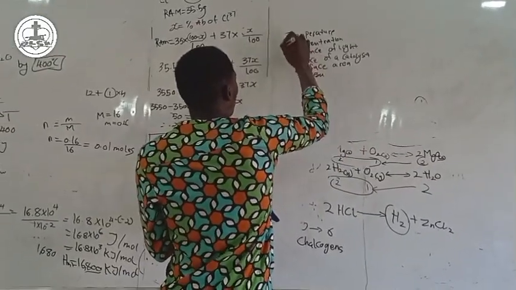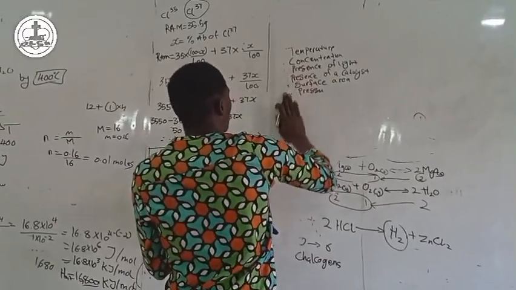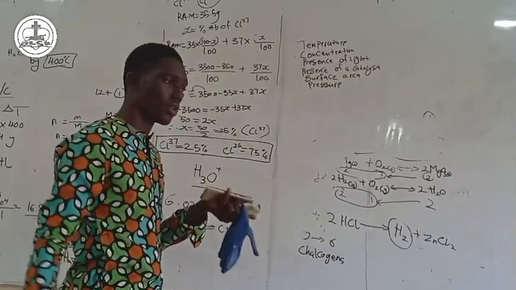One, two, three, four, five. There are six of them that determine the rate of chemical reaction.